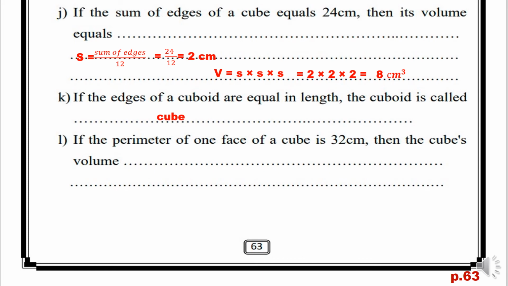Here I have the perimeter of one face equal 32. To get the side from the perimeter, it's equal to perimeter over 4. So the side equals 32 over 4, equal 8 centimeters. So the volume equals side times side times side, equal 8 times 8 times 8, equal 512 centimeter cube.